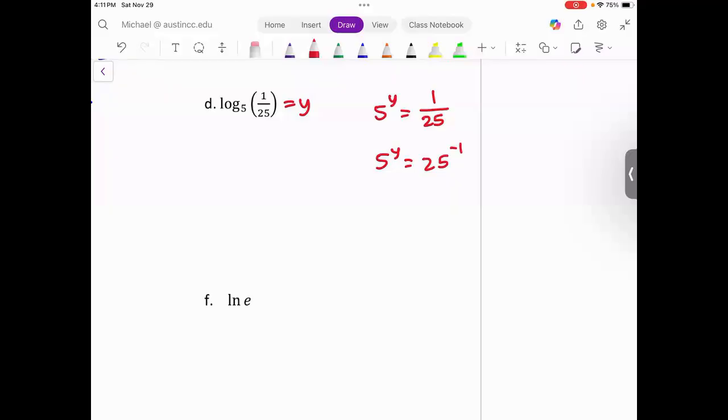We need that 25 to have that base of 5 instead. We know that 25 is 5 squared. So we replace it with that. But don't forget that exponent. We simplify. We get 5 to the negative 2. And using the equivalence relation, we get y equals negative 2.